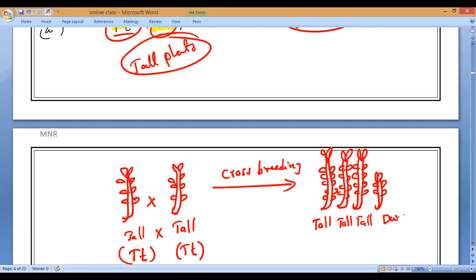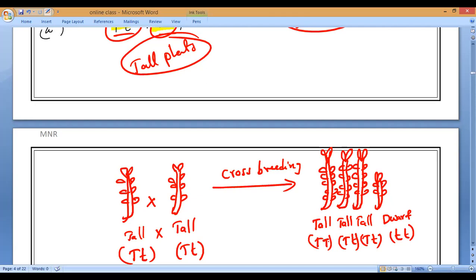How many tall plants are produced? Three tall plants: capital T, capital T; capital T, small t; capital T, small t; and the last one is small t, small t. This is another shocking result observed by Mr.